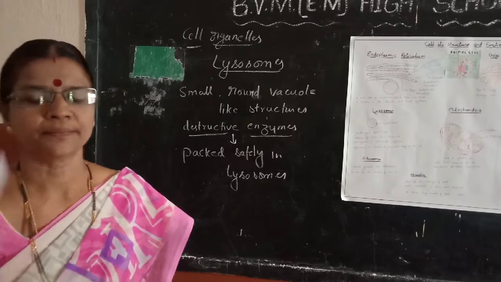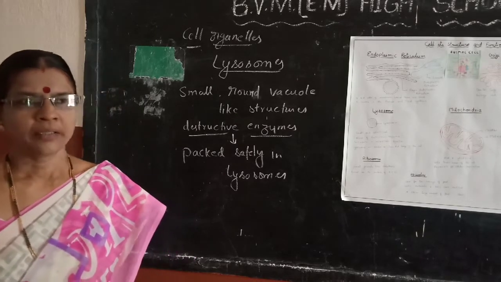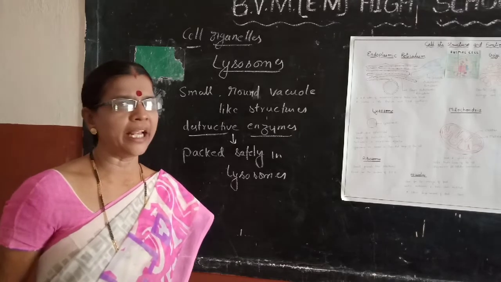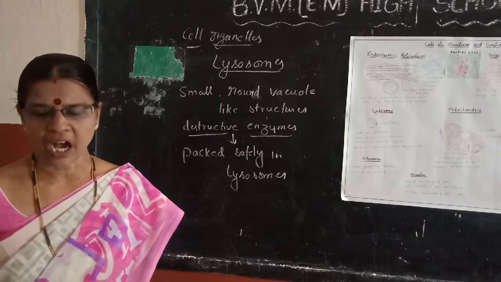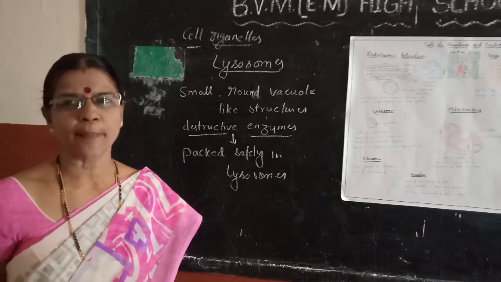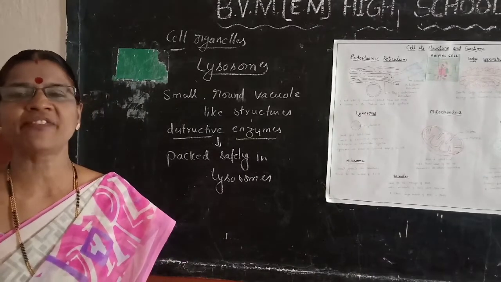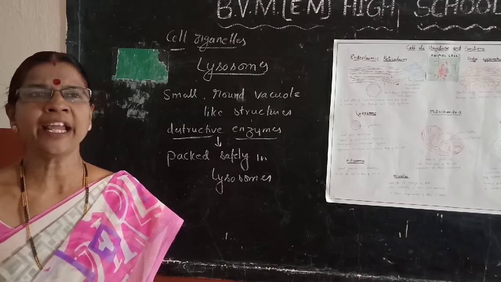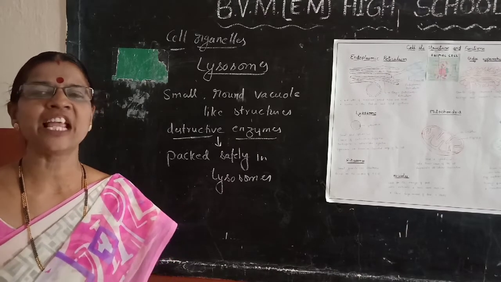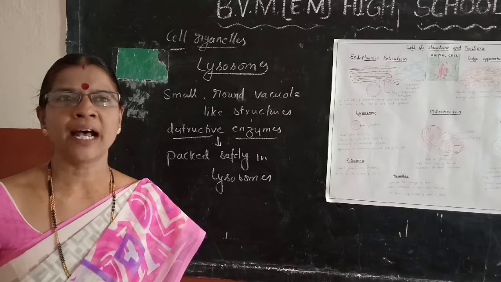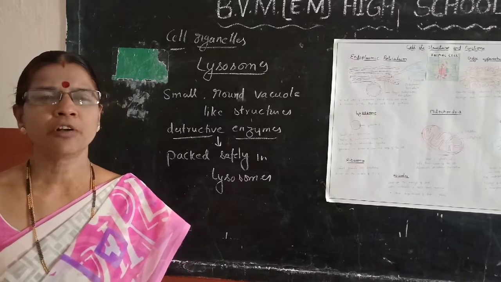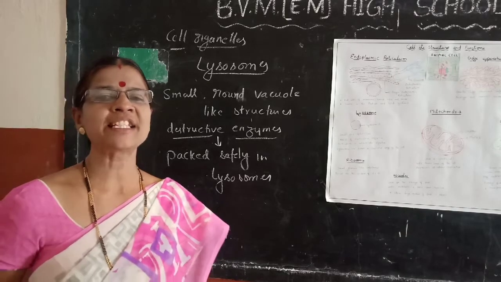That is not happening because they are not openly found in cytoplasm. The destroying enzymes are packed up safely in lysosomes. Thus, the enzymes do not come in contact with the rest of the cell.